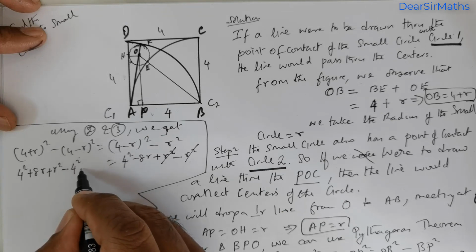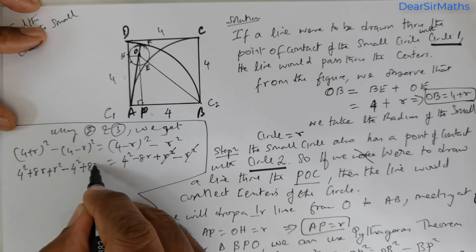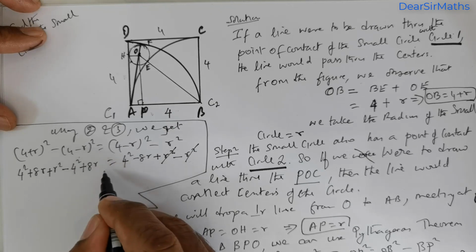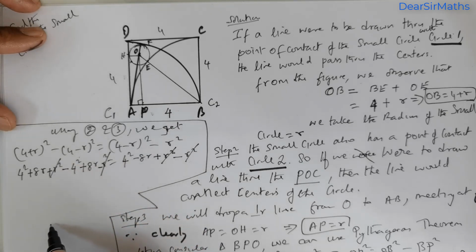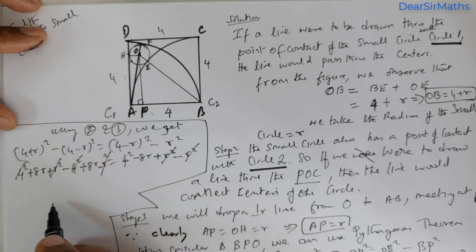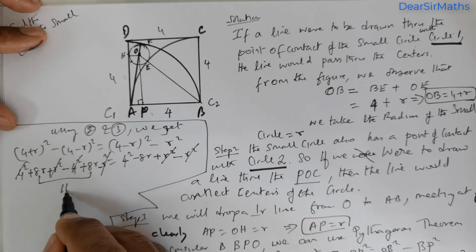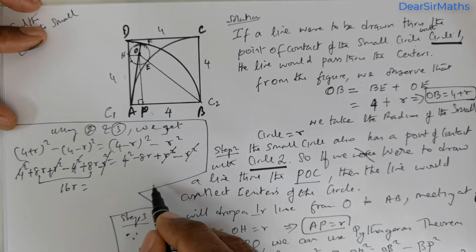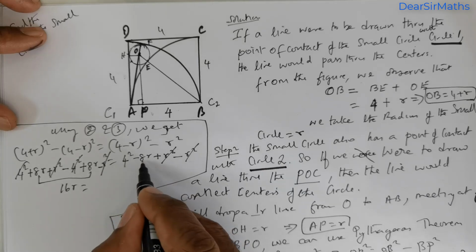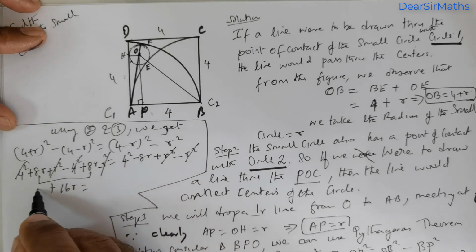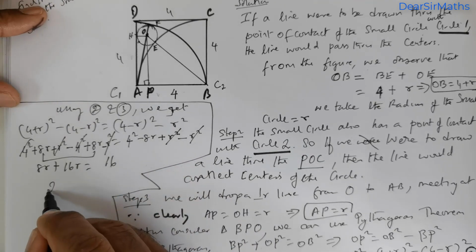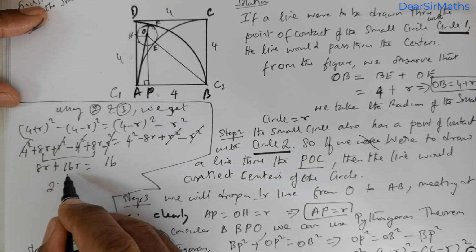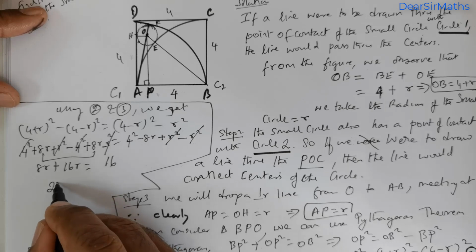This is going to be minus 8R, so that will be plus 8R, and plus R squared, that will be minus R squared. So minus plus gets cancelled, plus minus gets cancelled. You add these two things, you get 16R, and then you can push this to the other side, you get positive 8R. This is 16. So 8 added with 16, that's going to be 24.